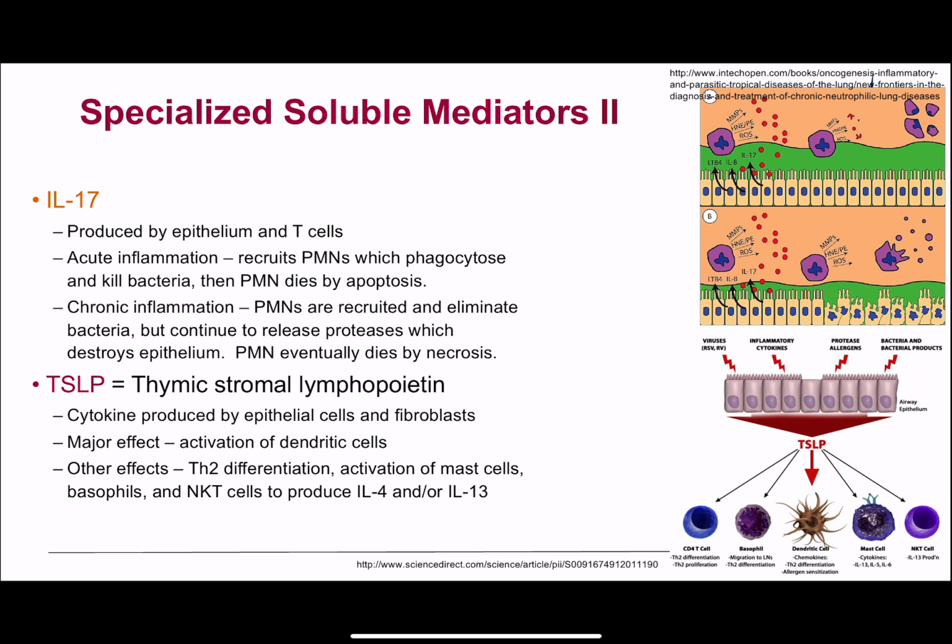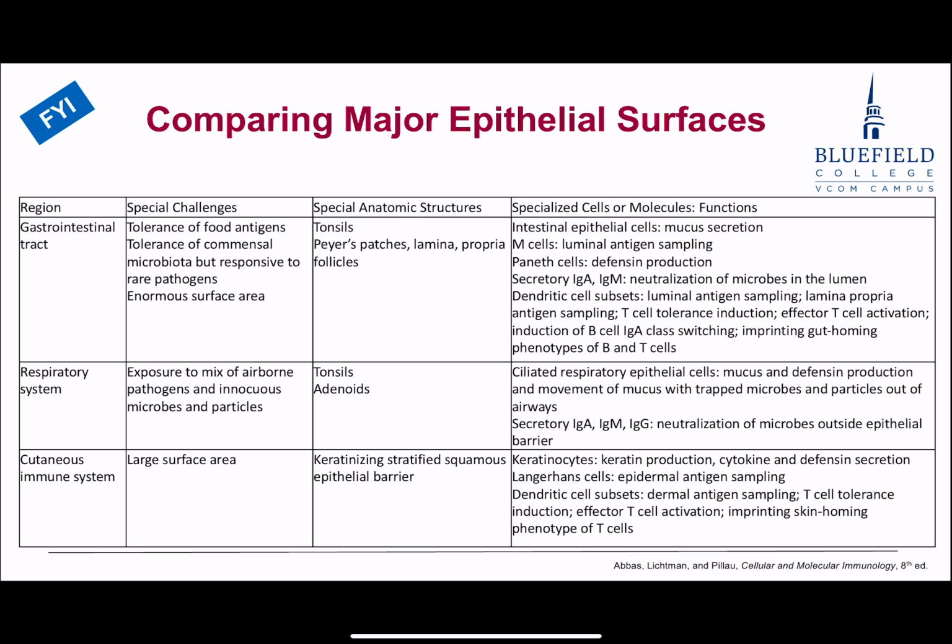It's produced by the cutaneous epithelium and some fibroblasts there. It's a strong activator of dendritic cells, and then it tends to induce type 2 T cell responses versus type 1. All right, and again, just summarizing, but comparing the 3 major epithelial cell barriers that we're going to talk about in the last hour and this hour.